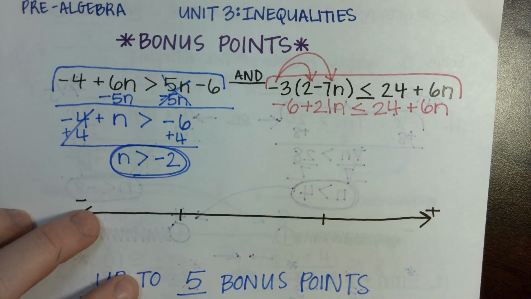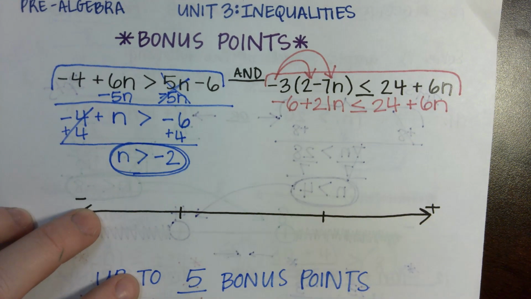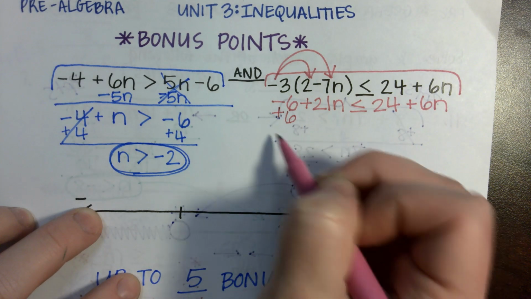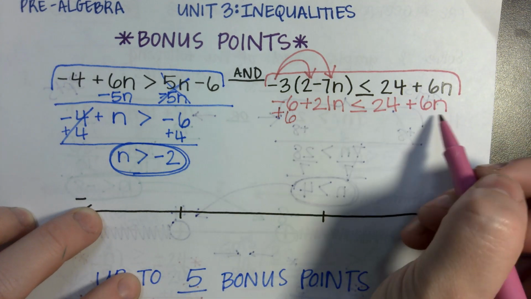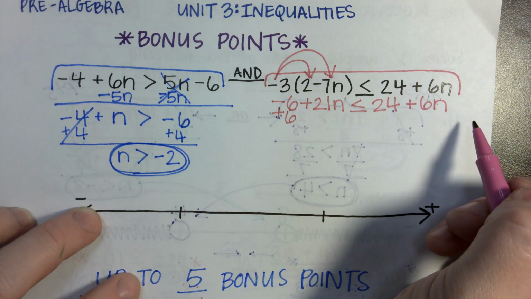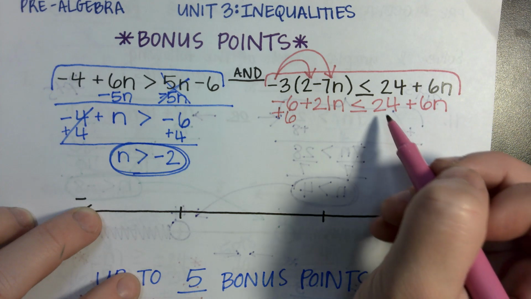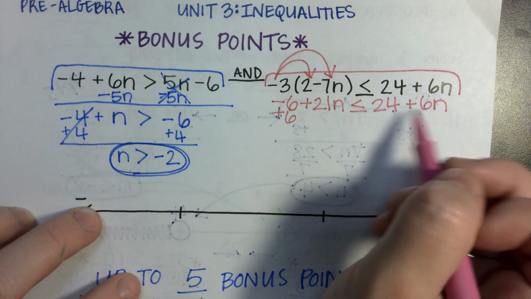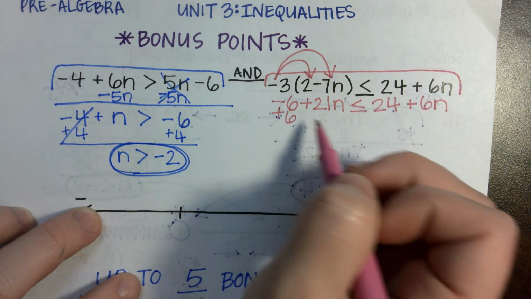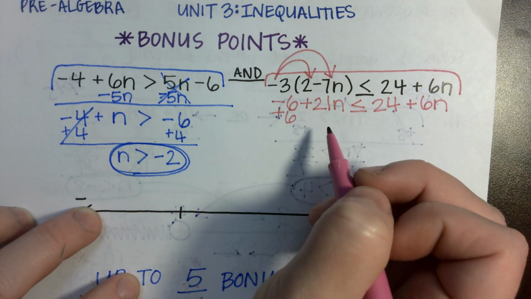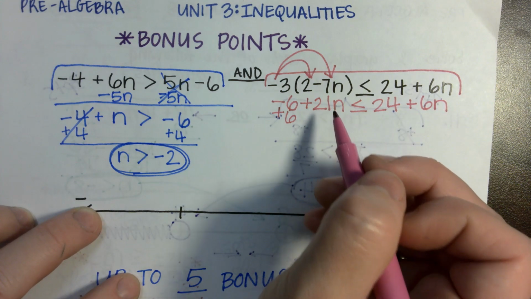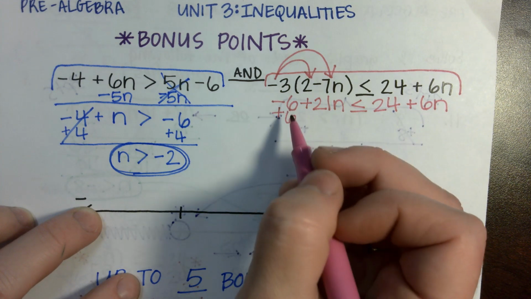Would you add 6? Yes, we could add 6, absolutely. Let's do that. Plus 6, and what am I adding 6 to? The other 6? No, the 24. We've got to make sure that we're combining like terms. So it might be a safer bet to go ahead and get your n's on the same side before doing the -6 and the +6.